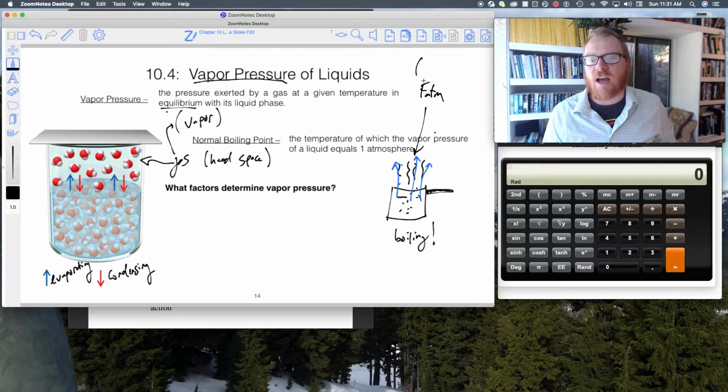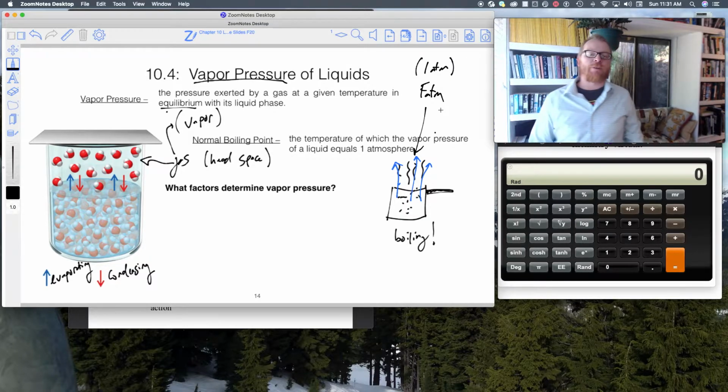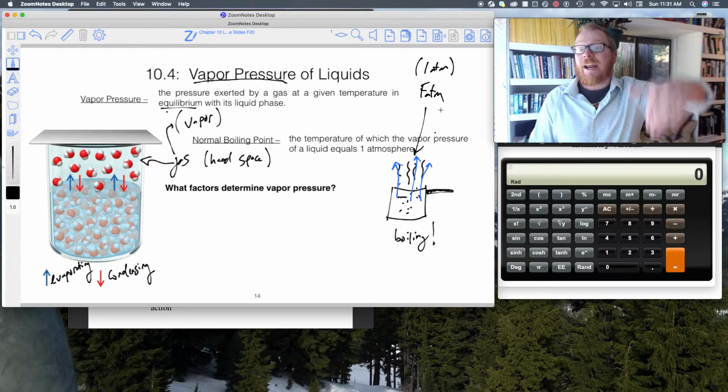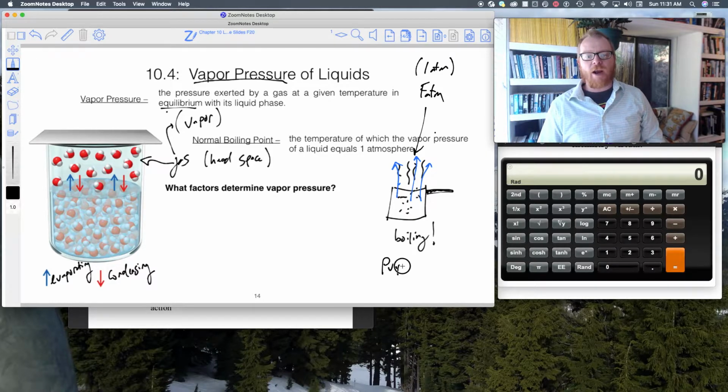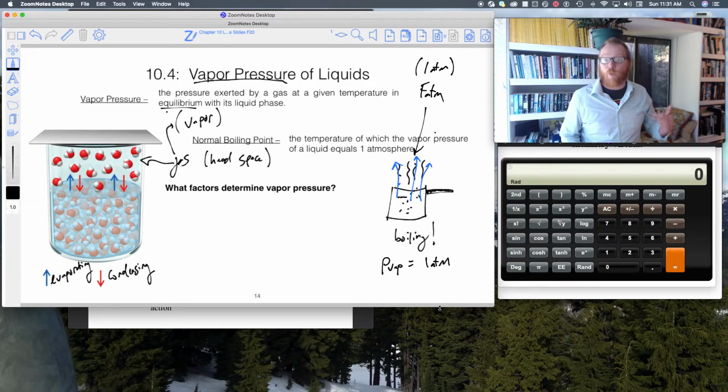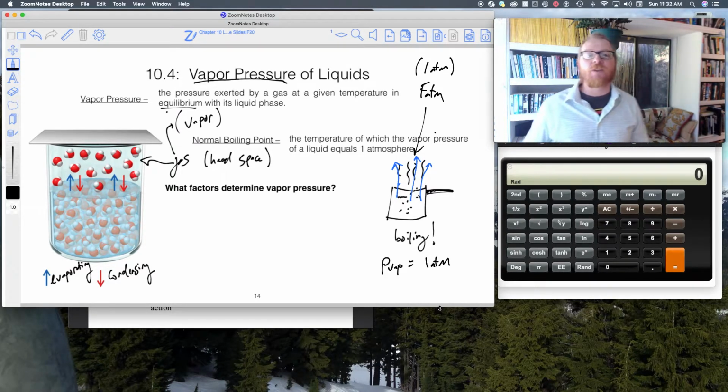We know that as atmospheric pressure. Let's suppose that that's 1 atmosphere. Okay, we're boiling a pot of water at 1 atmosphere of pressure. So that atmosphere is pushing 1 atm on the liquid surface. When that liquid pushes back, in other words, when the vapor pressure P vap equals 1 atm, by definition, the liquid is boiling. That's what boiling means, when the vapor pressure of the liquid is equal to atmospheric pressure.